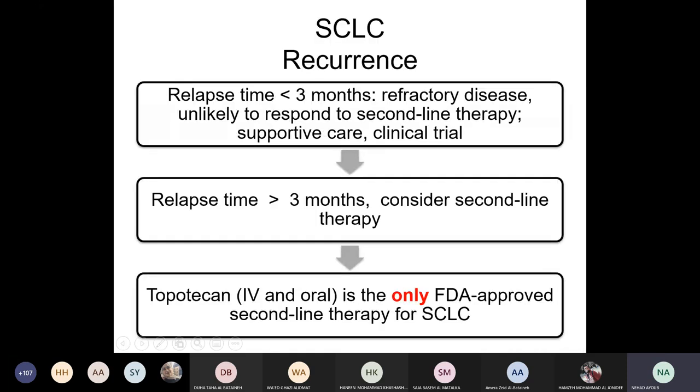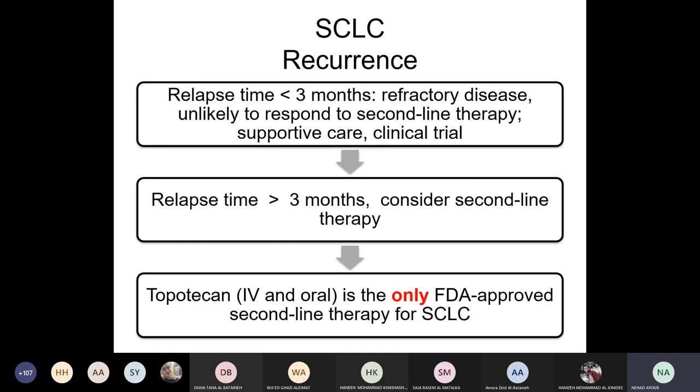You will read in your book that for second line treatment of relapsed cases in small cell lung cancer there are many chemotherapy drugs, but the only FDA approved one is topotecan. It can be given parenterally or orally, there is no difference between them.